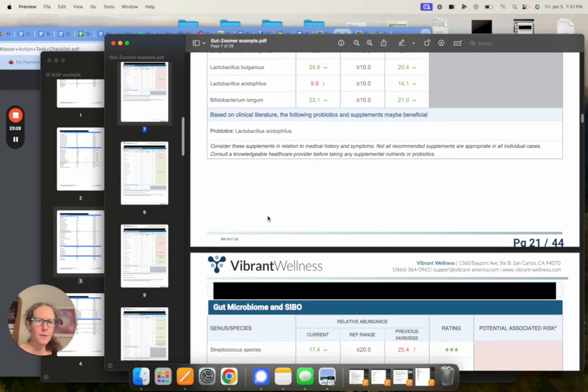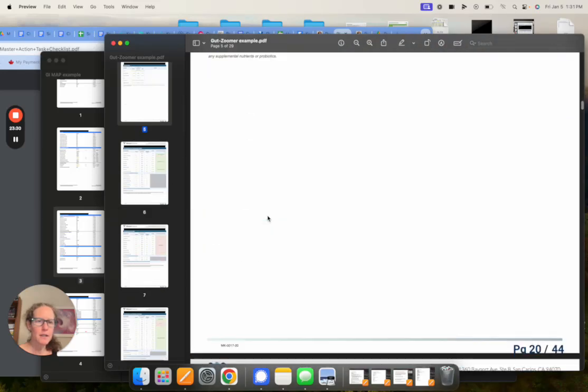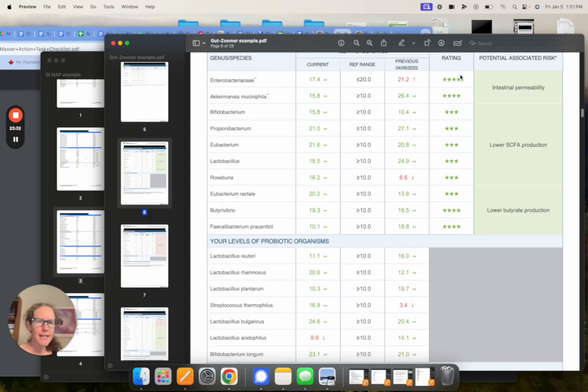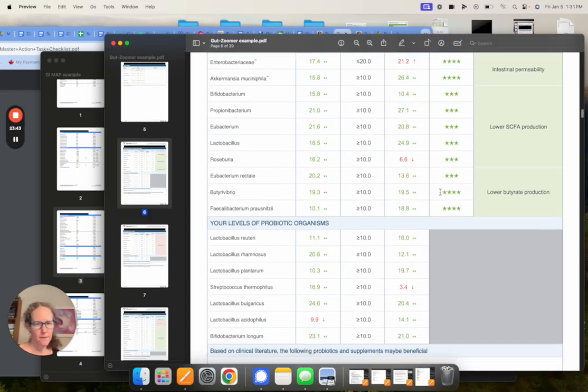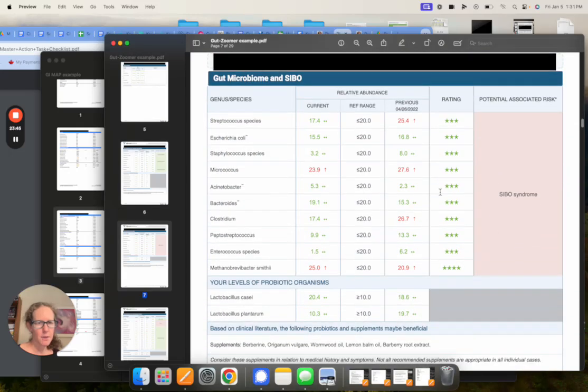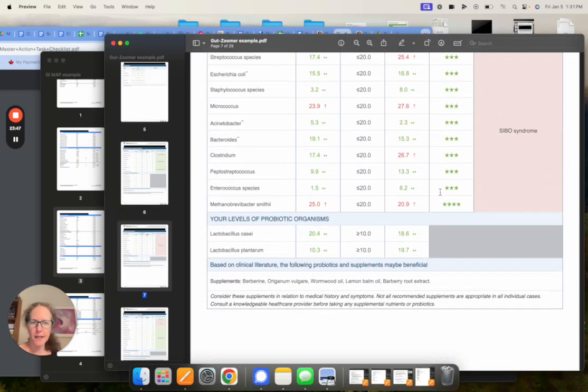What is kind of cool about this test is that it rates the potential associated risk with how robust the research is on that risk. So you can see it gives, I think it's a 5-star, or maybe it's a 4 or 5-star scale.